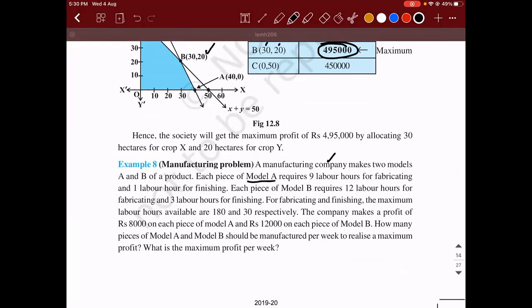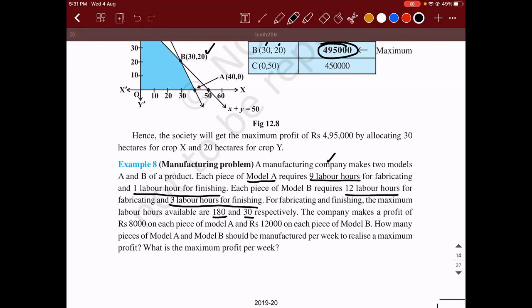Each piece of model A requires 9 labor hours for fabricating and 1 labor hour for finishing. Similarly, each piece of model B requires 12 hours for fabricating and 3 labor hours for finishing. For fabricating and finishing, the maximum labor hours available are 180 and 30.